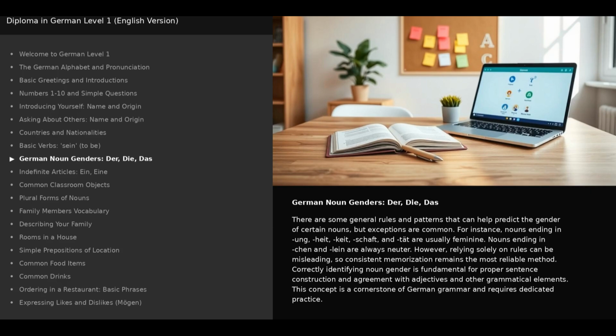However, relying solely on rules can be misleading, so consistent memorization remains the most reliable method. Correctly identifying noun gender is fundamental for proper sentence construction and agreement with adjectives and other grammatical elements. This concept is a cornerstone of German grammar and requires dedicated practice.